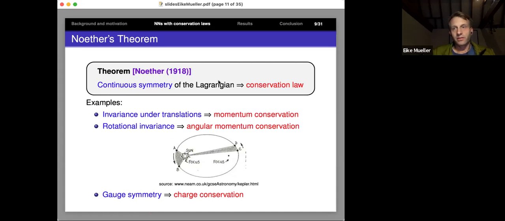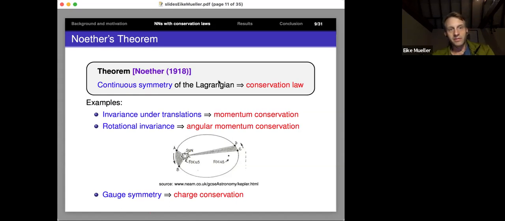And one important theorem in this framework is the theorem that was formulated by Noether in 1918. In a nutshell, this theorem says that whenever the Lagrangian has a continuous symmetry, then this leads to a conservation law. That means that there is a certain physical quantity that is conserved.